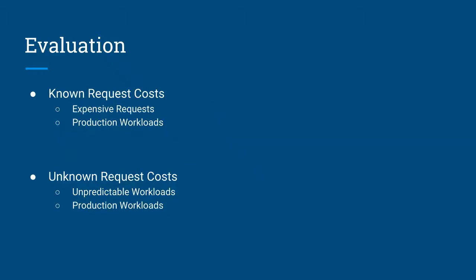So that's a huge amount. And moving on to the next slide, we have the known request costs and the unknown request costs. The authors have made a few experiments with it, and we'll be able to find the graph in the next slide.